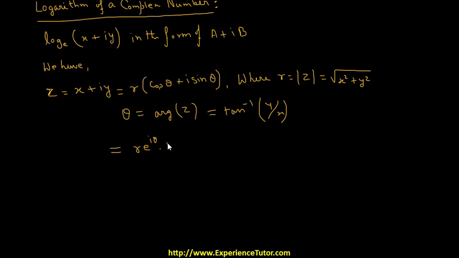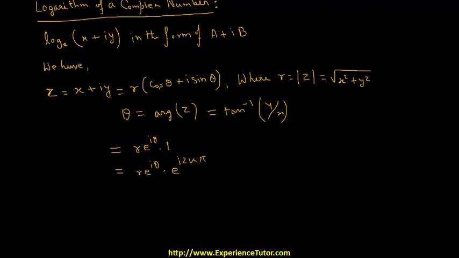Into 1, is equal to r e to the power i theta into e to the power i 2k pi.